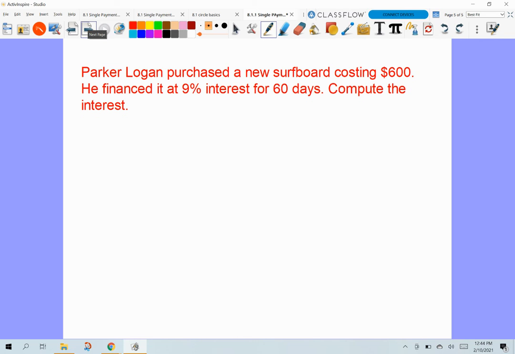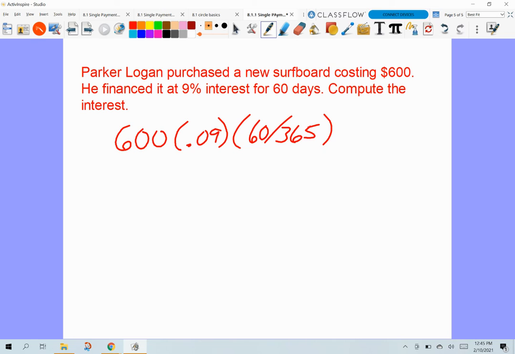Okay, Parker bought a new surfboard for $600. I don't know if that's cheap or not. He financed it at 9% interest for 60 days. Compute the interest. So his loan amount times his interest rate for 60 days, so 60 days out of the entire year of 365 days.